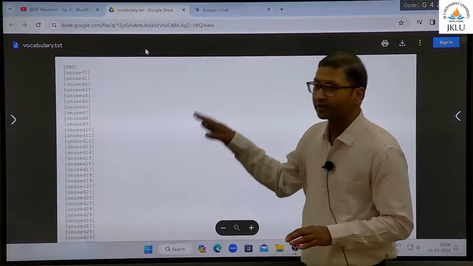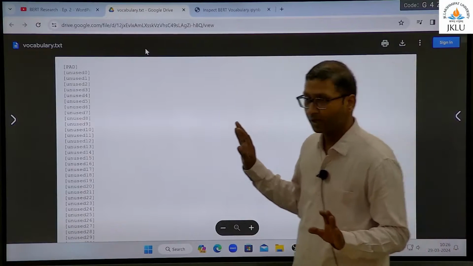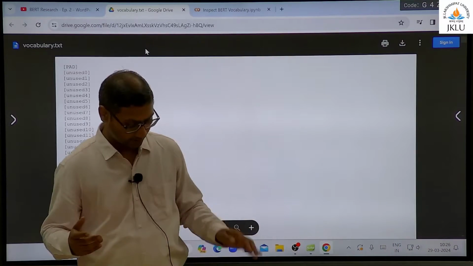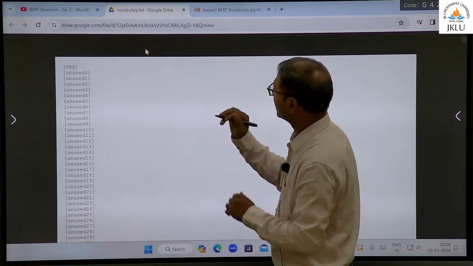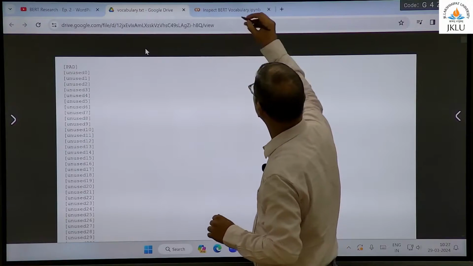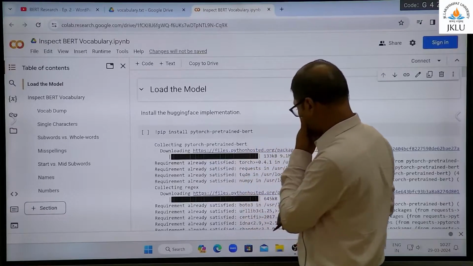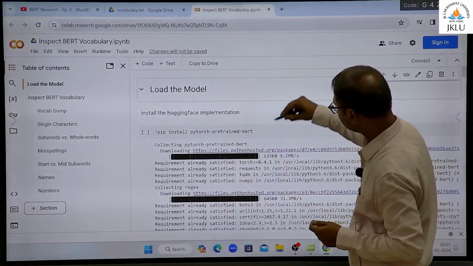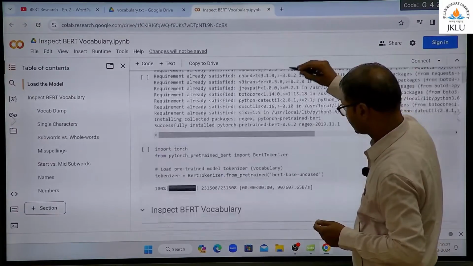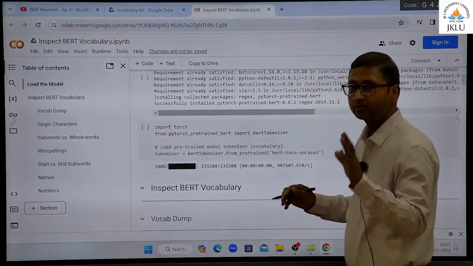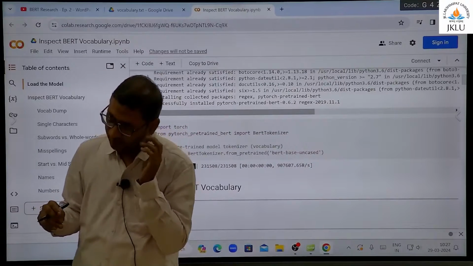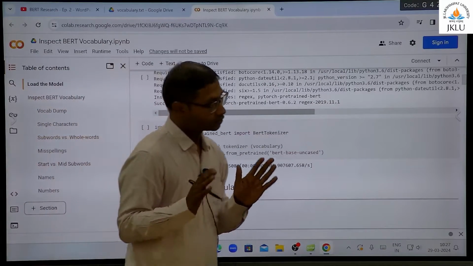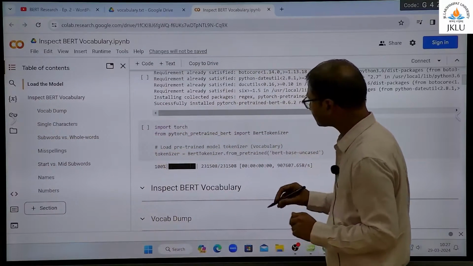So this is the vocabulary of BERT, and we'll just go through it. I have opened Colab because that will help us navigate through this. Any code that involves BERT should be super easy for you now.